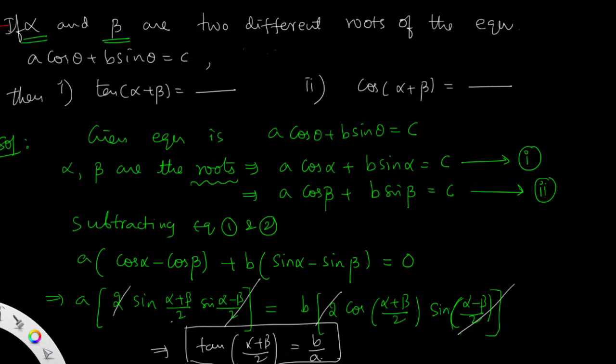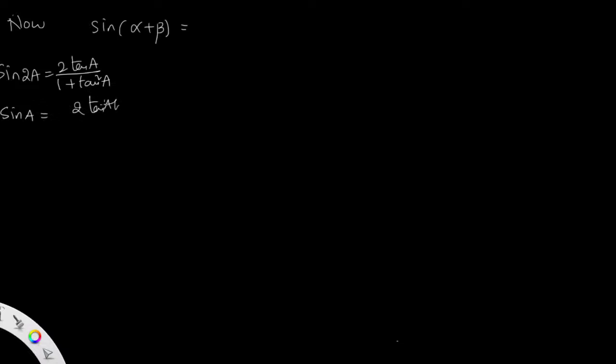Now sin of alpha plus beta you can find out first, then you get tan. First, sin of alpha plus beta is sin 2a in terms of tan formula. Sin 2a in terms of tan is 2 tan a by 1 plus tan square a, whereas sin a we can write as 2 tan (a/2) divided by 1 plus tan square (a/2).